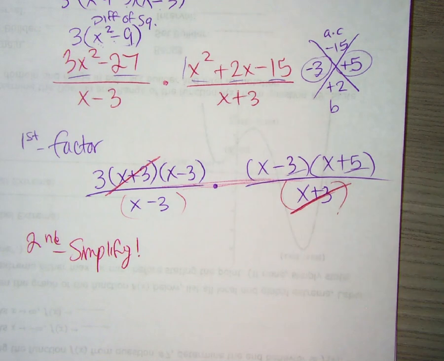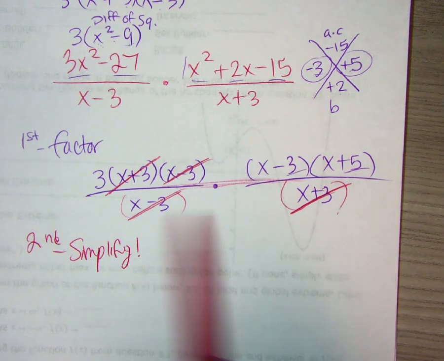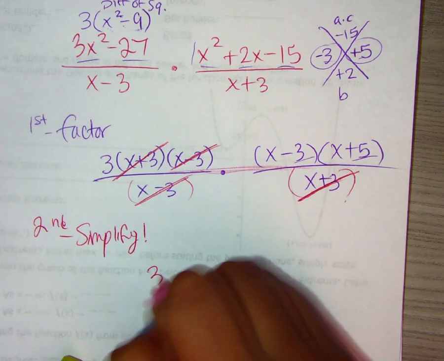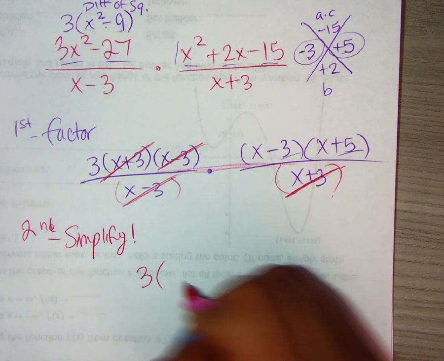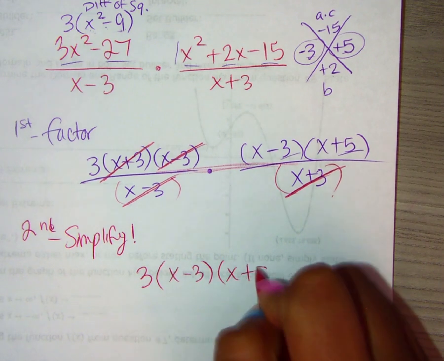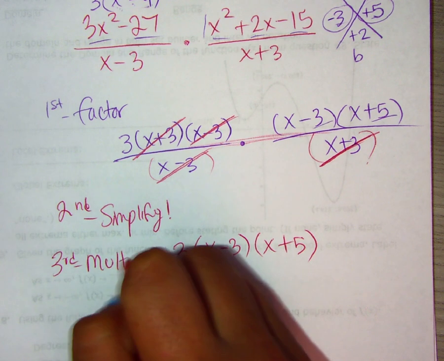These two cancel: x plus 3 and x minus 3 cancel. There's nothing else left in the denominator, so the numerator is the remaining answer: 3 times x minus 3 times x plus 5.